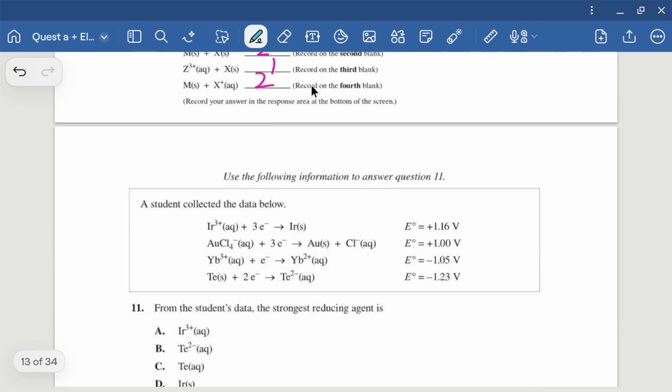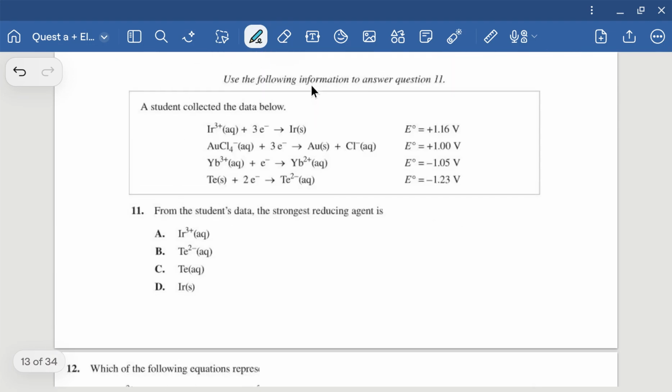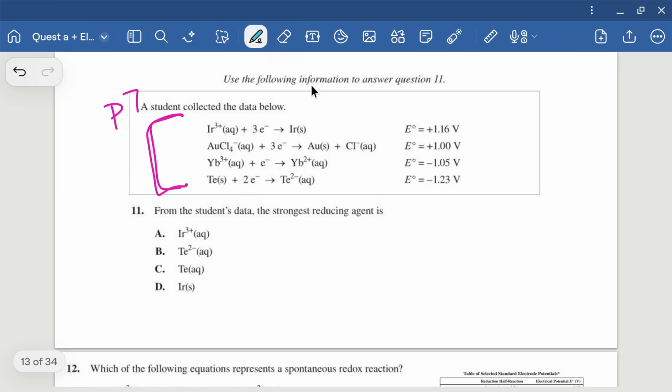Looking at the next one, and we also have some electronegativities, it's asking if we were to look at this data here, what would be your strongest reducing agent? So with these questions, what you want to double check before you answer is are we showing reduction half reactions? So if we are, it does look like page 7 of your data booklet.